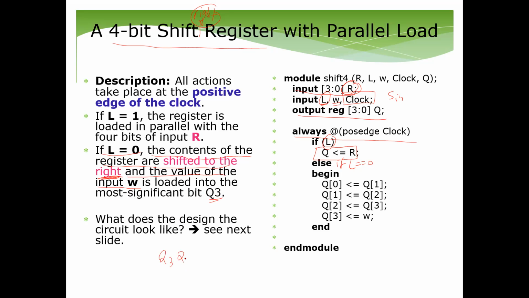So if you write your number Q3, Q2, Q1, Q0, and then you want to shift right, that should be Q3 reading from W, Q2 from Q3, Q1 from Q2, and Q0 from Q1. And this is your assignment here, which matches our expectation.